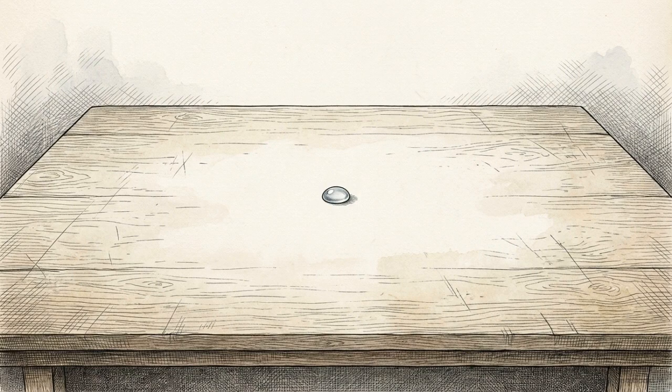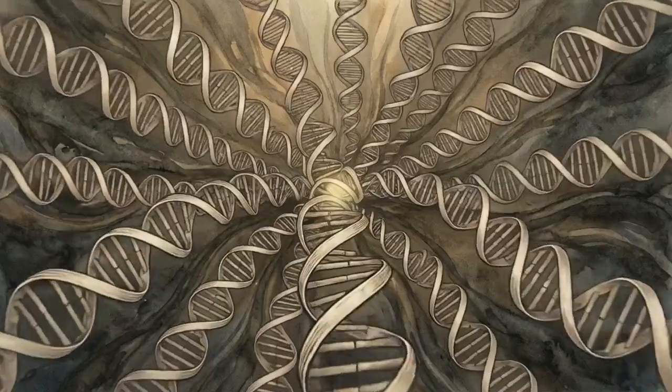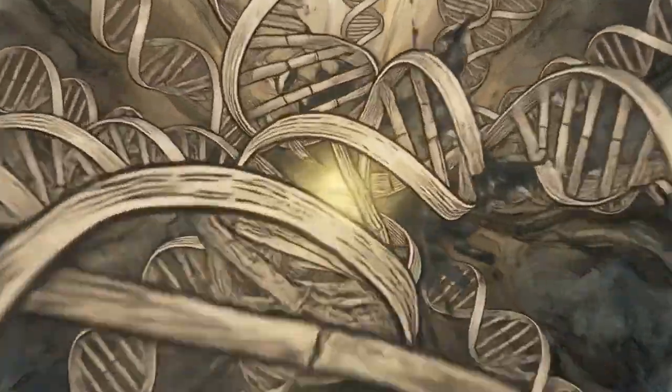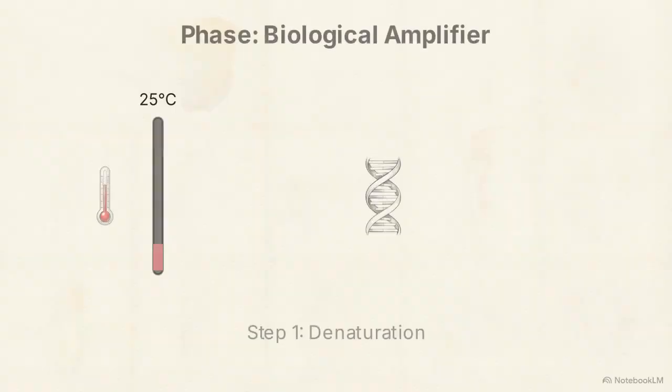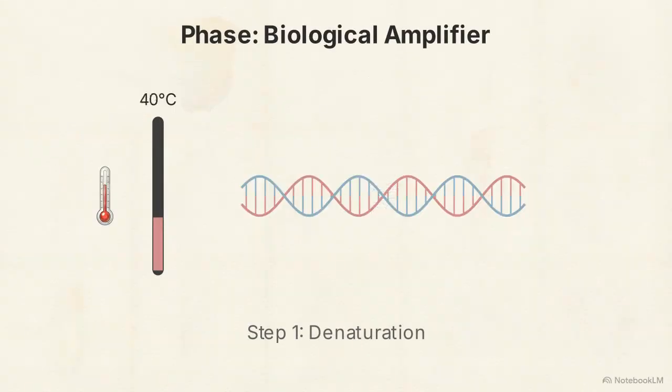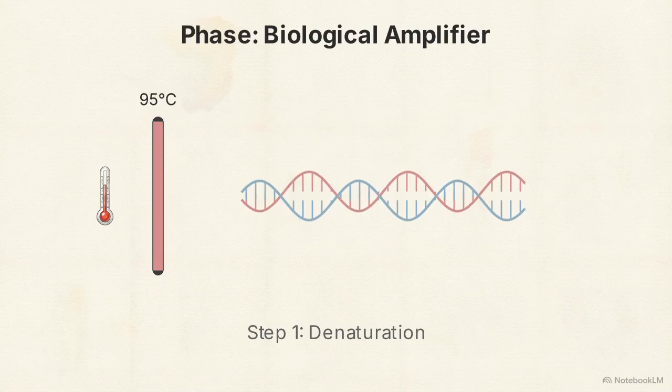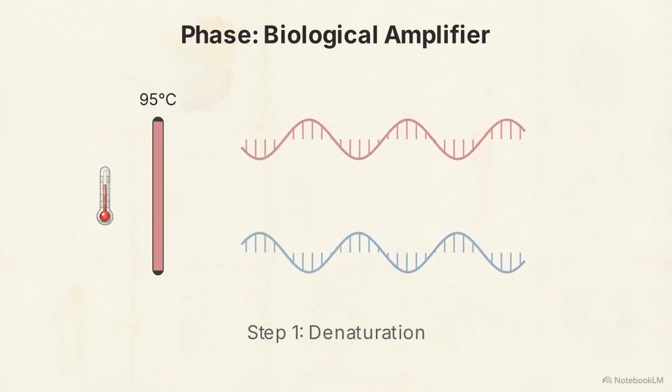With the concentration verified, the system must solve the problem of microscopic sample sizes using polymerase chain reaction, or PCR. PCR amplification targets the specific STR regions we need to measure and forces them to produce millions of identical copies. This maps the PCR cycle's first step: denaturation. Heating to 95 degrees Celsius unzips the double helix.